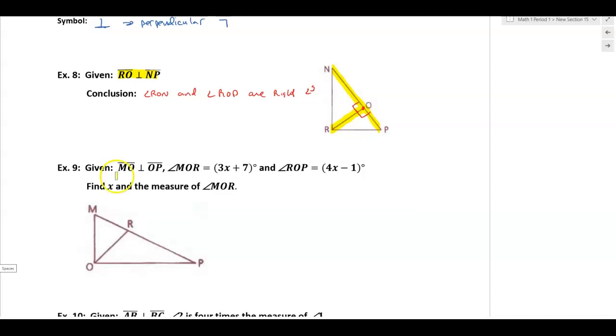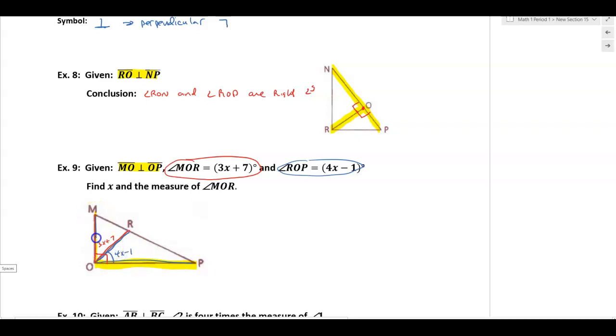So the next example, given MO is perpendicular to OP. So right here, I can put my right angle box. Then they tell me angle MOR, from M to O to R, is 3x plus 7. Then angle ROP, from R to O to P, this angle here, is 4x minus 1.